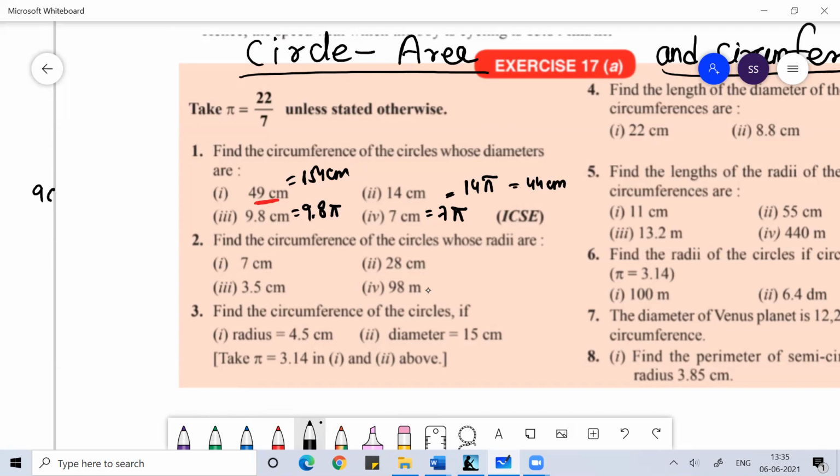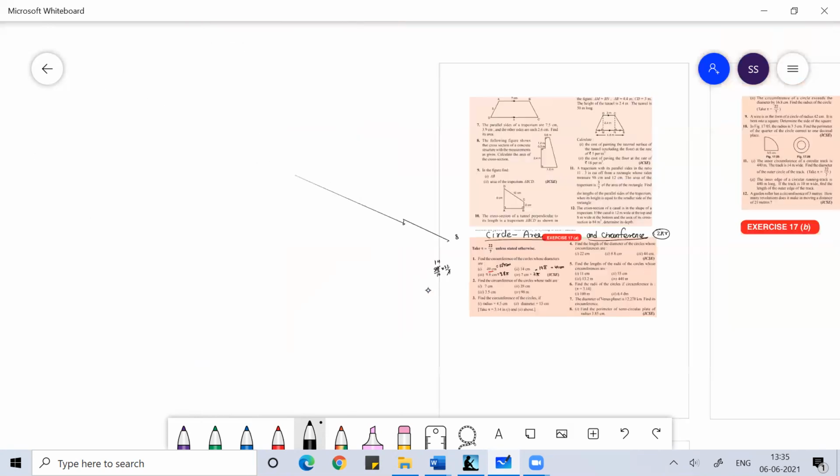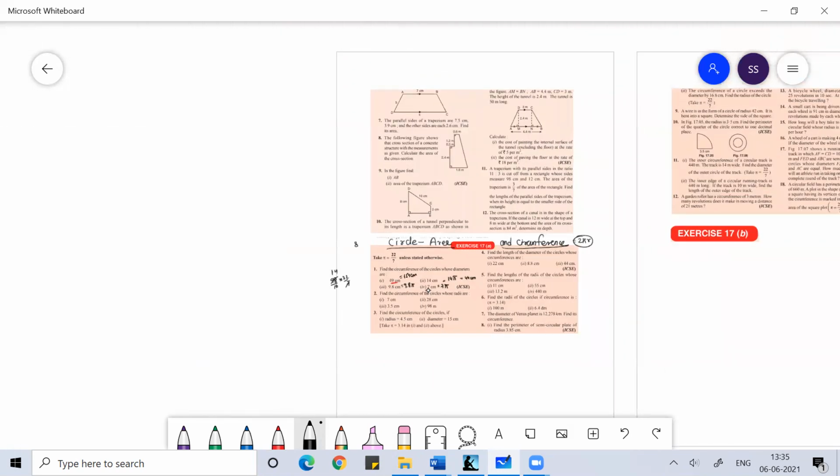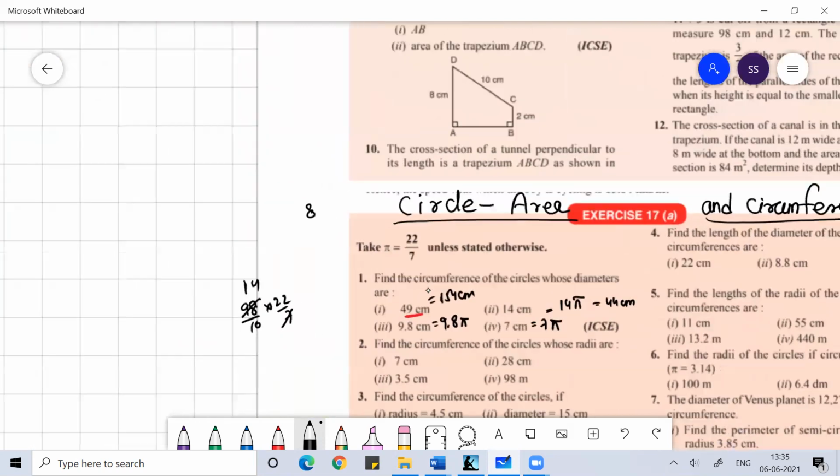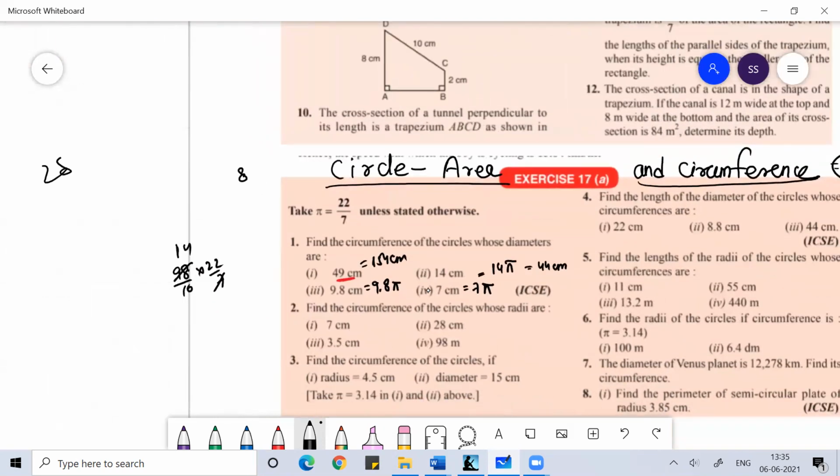Third one, 98 by 10 into 22 by 7. This is 14, and 14 into 22, 14 twos are 28, this is 8, 308. So 308 by 10, that is 30.8 centimeter.